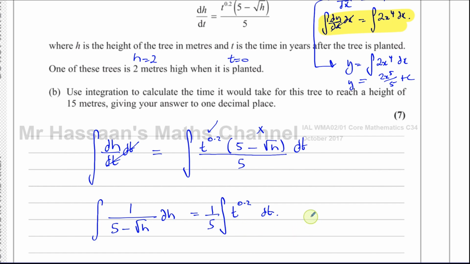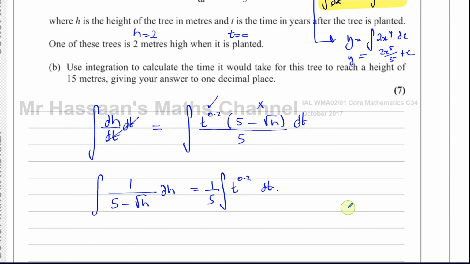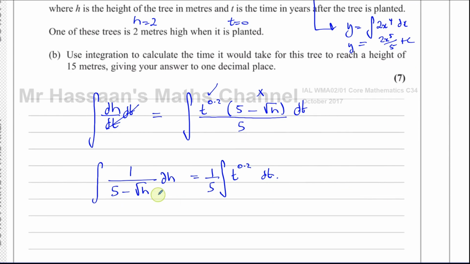Now, in this question, we are given some information that we want to find. So we want to find the time it would take for the tree to reach a height of 15 meters, giving your answer to 1 decimal place. So we want to find the time. Let's say t equals capital T when h equals 15.